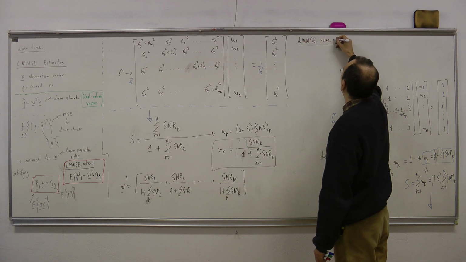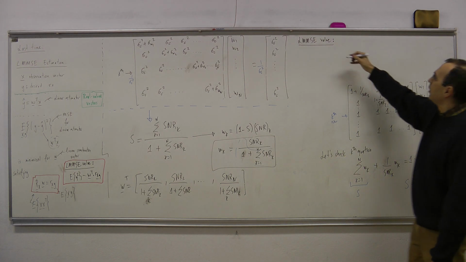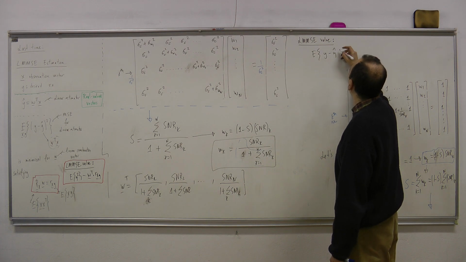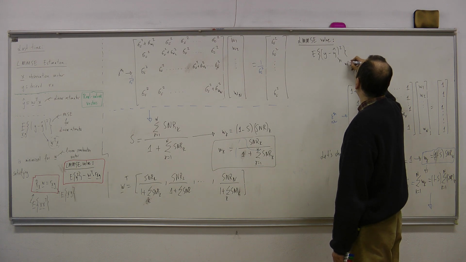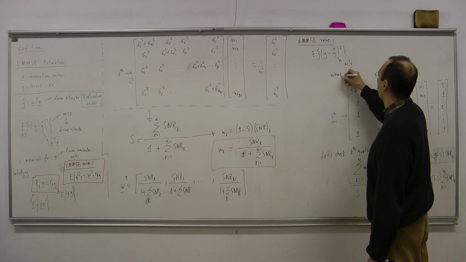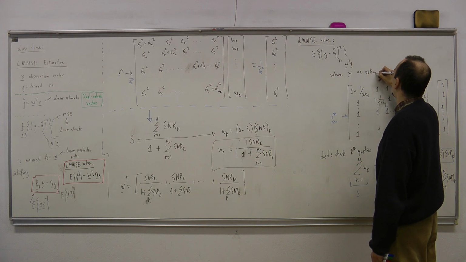So what is our estimation error variance at the end of this calculation? This is equal to the expected value of (y minus y hat) squared with the optimal W, where W is optimally selected.